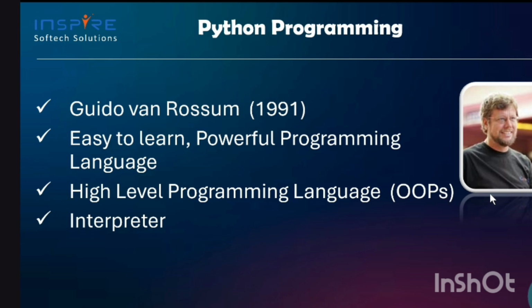If you are a first year or second year engineering student, they may ask who developed this language. We can say easily it's Guido van Rossum in 1991. Day by day it has been improving with various features. It is easy to learn and really a powerful programming language. Anyone can start from zero level. Even if you don't know any code, if you start, it's very easy to understand and you can learn and code as you wish.